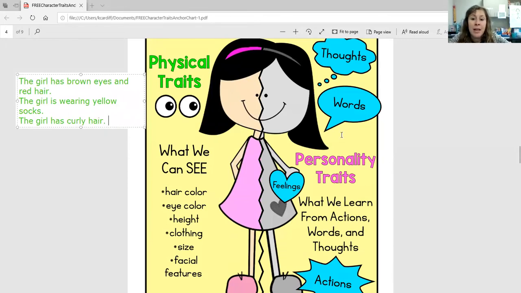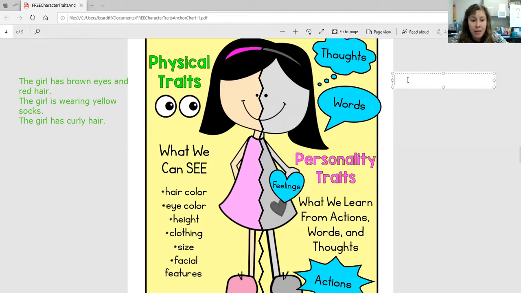Okay, so then I would move on to this section right here. I'm moving my screen a little, and then I would put it right here. So I'd make another text box if I was doing it online. And then it would probably be personality traits the following day, which would be Tuesday.